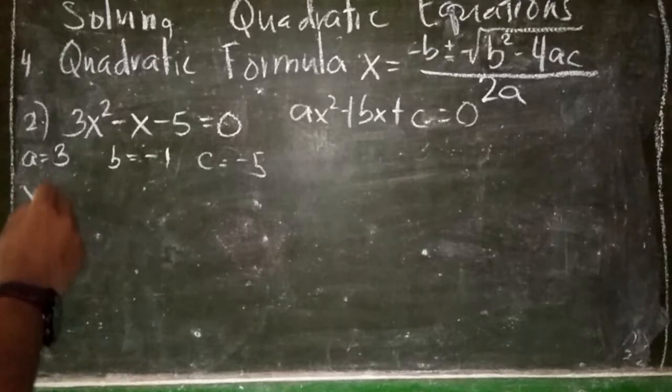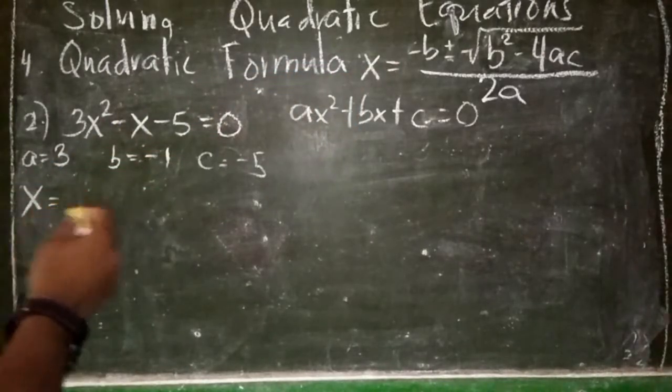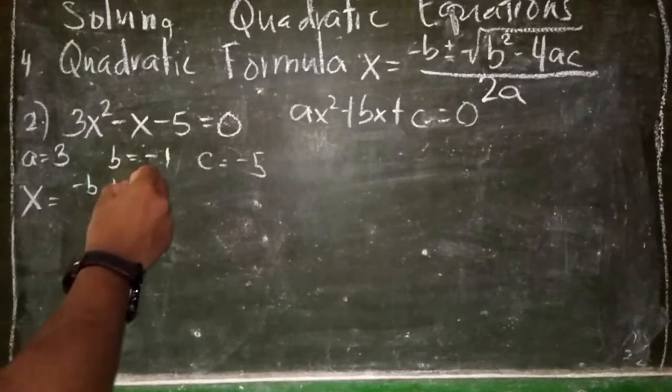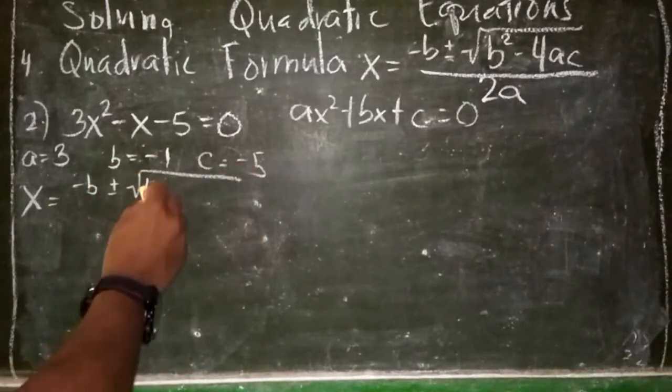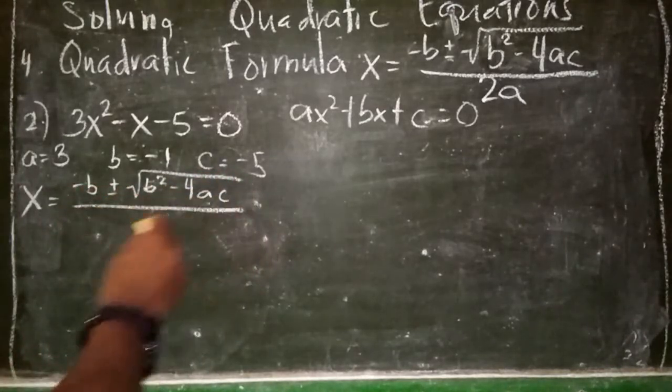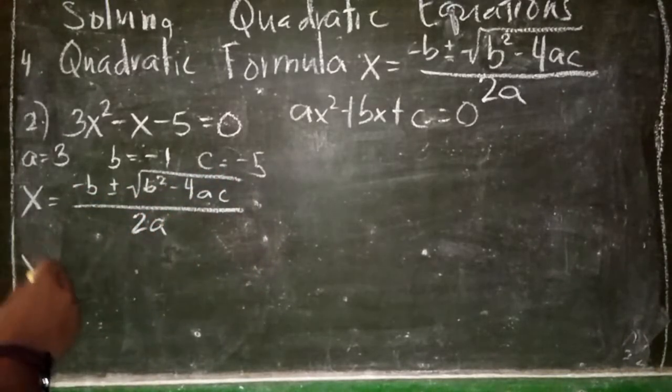So, after determining the values of B and C, we are now ready to use the quadratic formula. So, our quadratic formula, x equals negative B plus minus square root of B square minus 4AC all over 2A. So, let's now substitute.